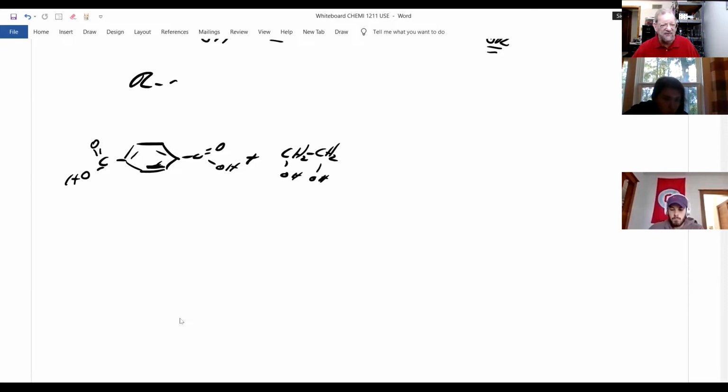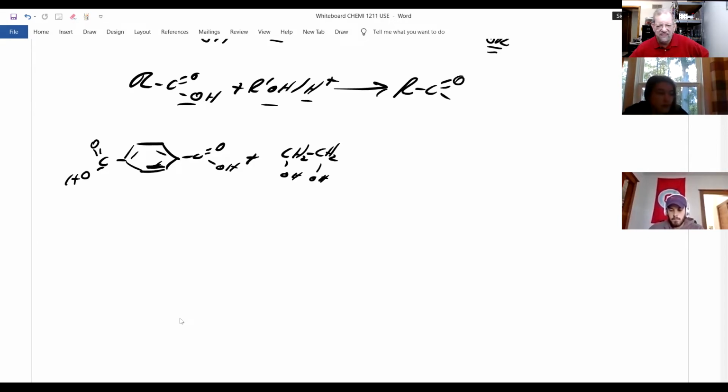Now, we just went through this, which is why I repeated it again to refresh your memory. Fischer esterification, named after the great German organic chemist Emil Fischer. You take a carboxylic acid and alcohol with an acid catalyst, and you'll get an ester.